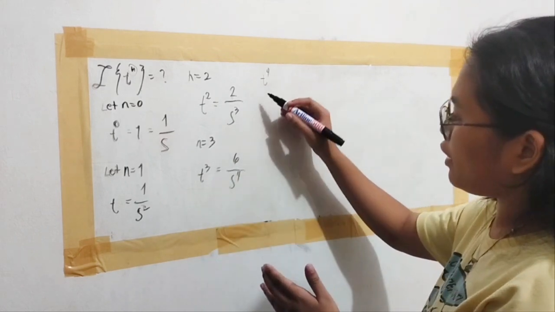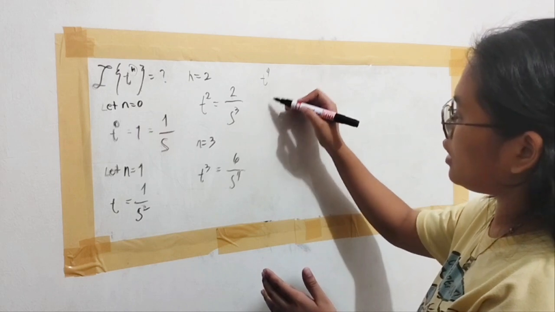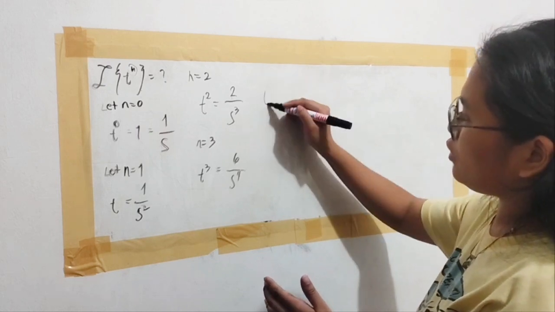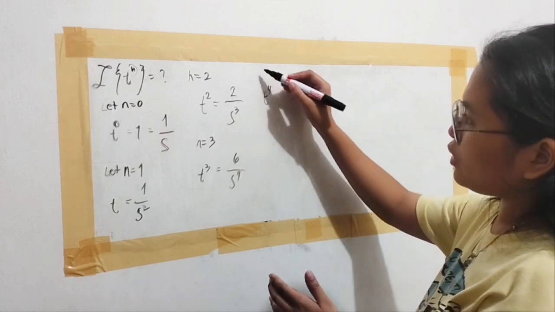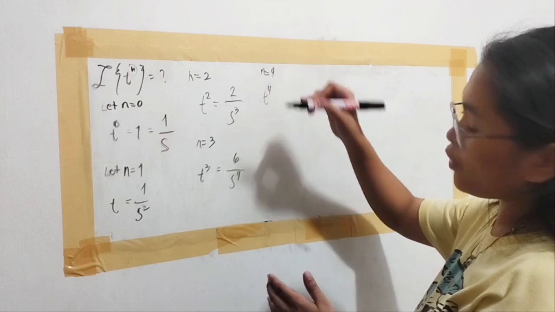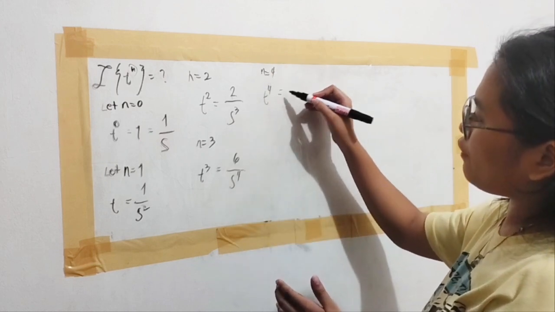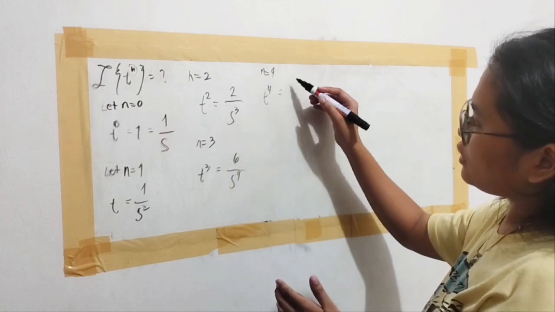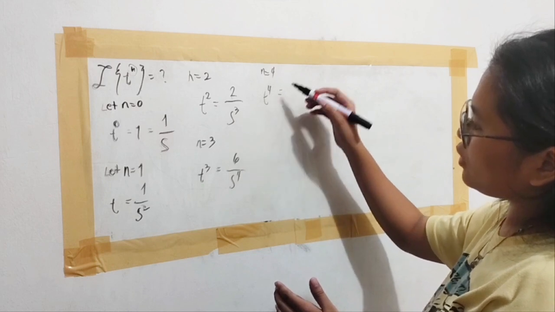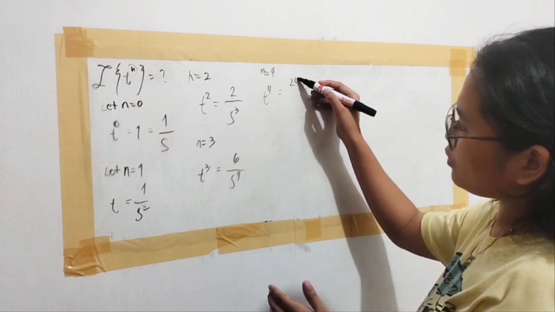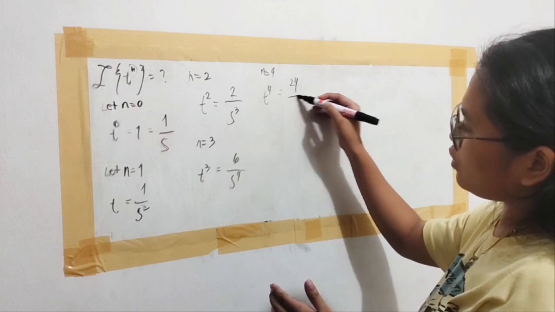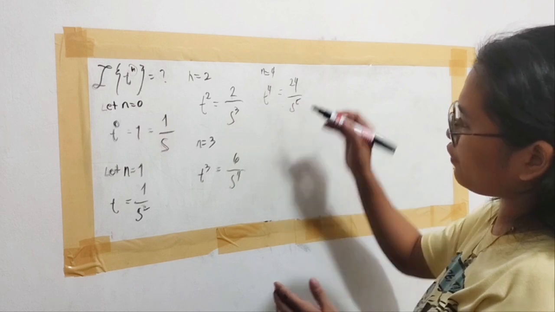So we have t to the 4th, let n be 4. We have 24 over s to the 5th.